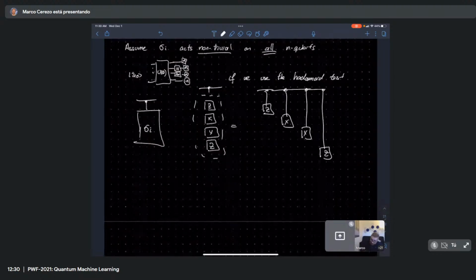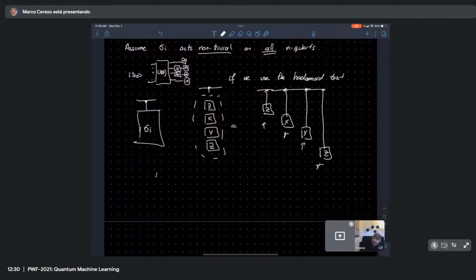You can see that this is true by writing each one of those individually and doing the matrix multiplication. The first one is: if my ancilla qubit is in 0, I do identity; if it is in 1, I do Z1. And then I implement the second one. What does the second one do?